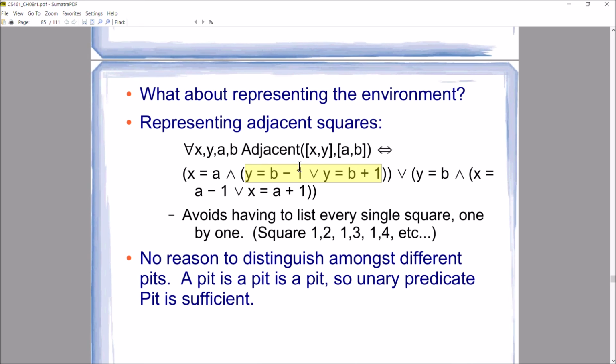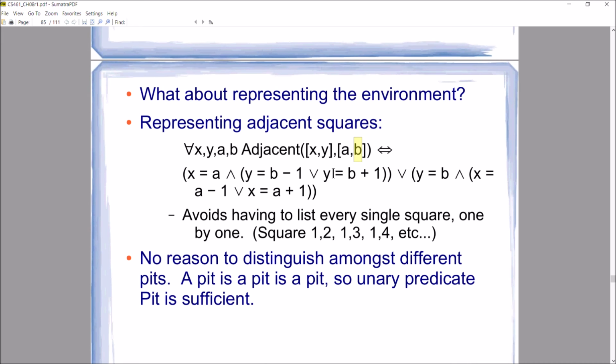Or the same thing for the other coordinate: if the second numbers, y and b, are the same, let's say they're both 2, and the difference between x and a is at most 1, that means they're adjacent.